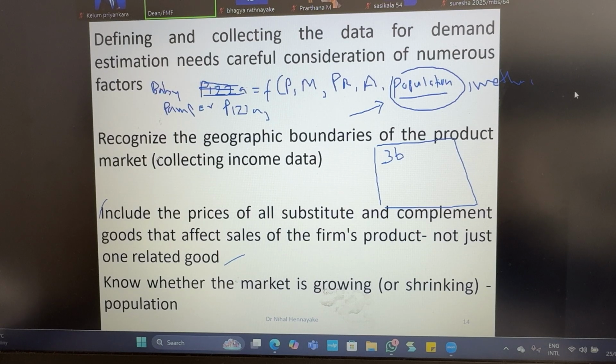And for this research, for your study, even if you find many substitutes, please limit to 1 or 2 substitutes maximum, because otherwise the amount of data will be uncontrollable. So for your study, I want you to limit to 4 important variables.